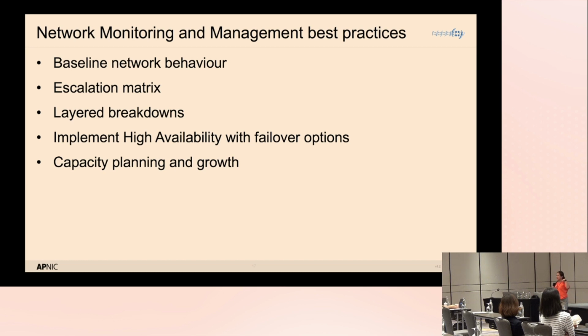So have a way for your monitoring system to have a failover, maybe in a cloud-based setup or anywhere. So you have redundancy and high availability when failures happen. And lastly, it obviously helps with capacity planning and growth. So we need to also look at doing the same for our NMS system.